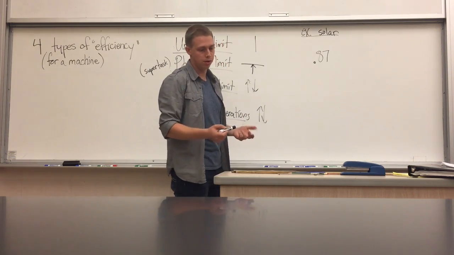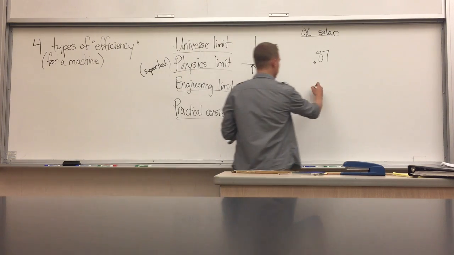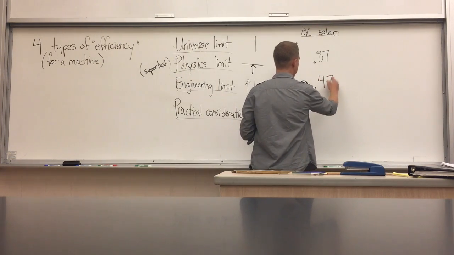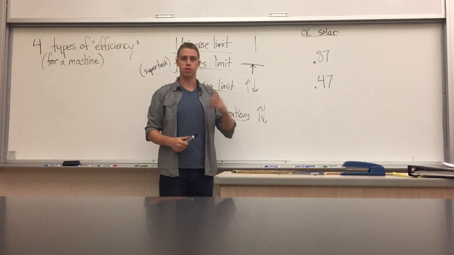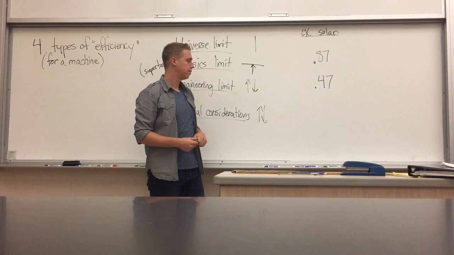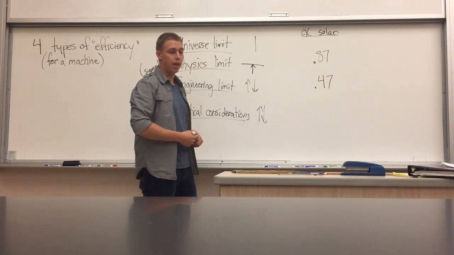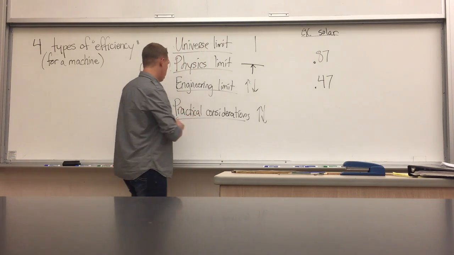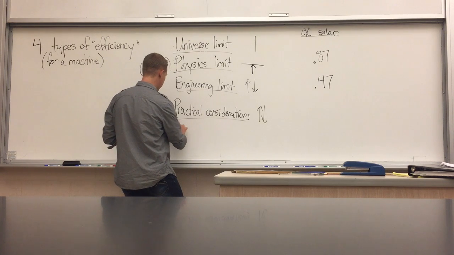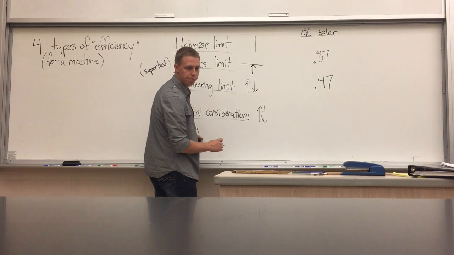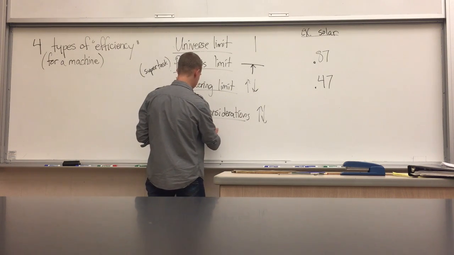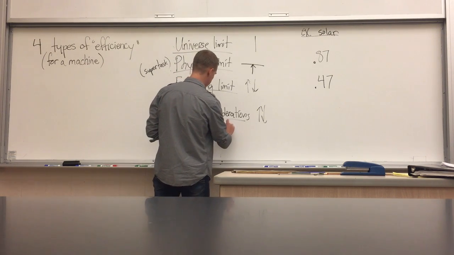So the reachable limit is about 47% efficiency right now. As of last year, this is the world record, okay? 47% efficiency. And then our practical limits are things like conditions, price, and size, right?